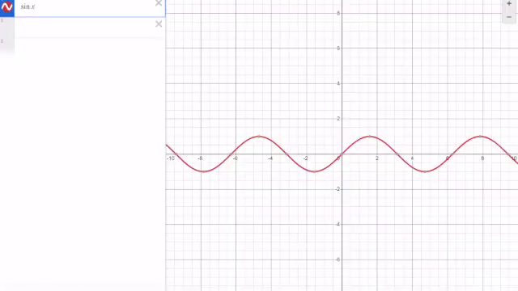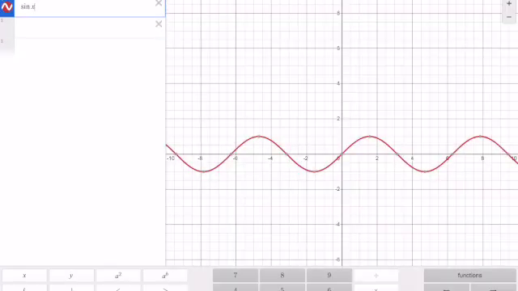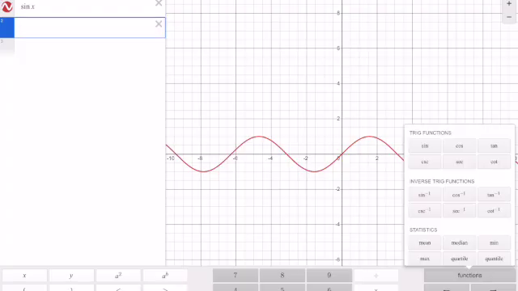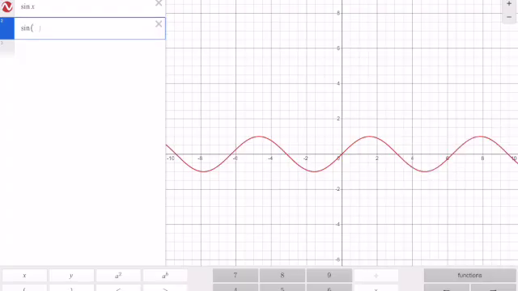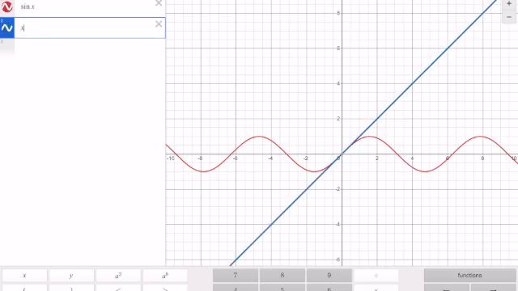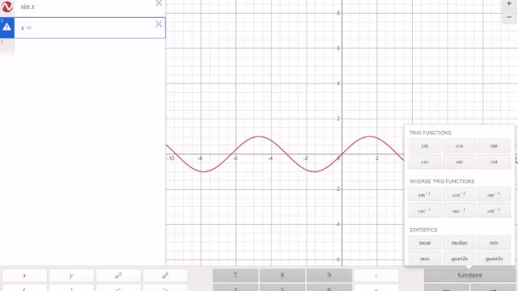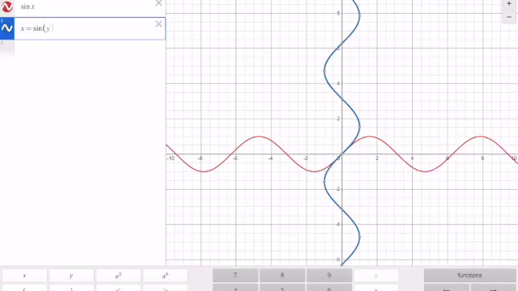Now what happens when I do that exact same function, but I do the inverse and I do the sine of y? Oh, it doesn't like that, so let's do x equals the sine of y.